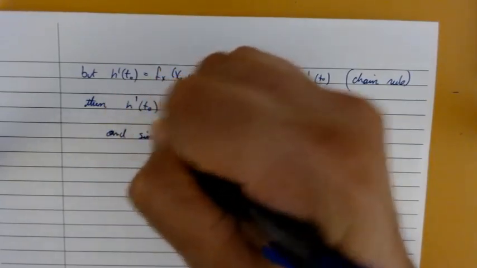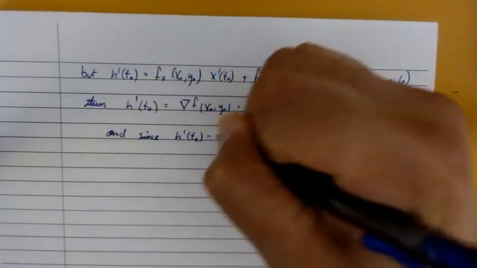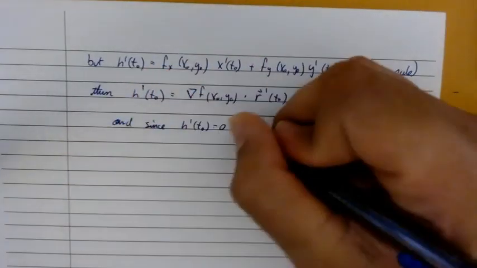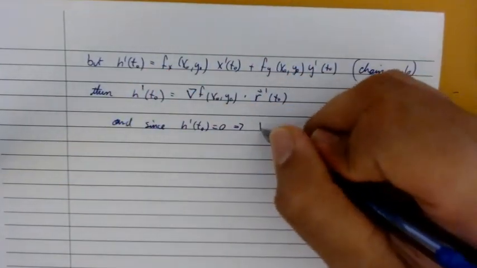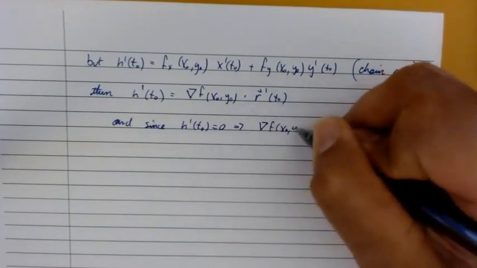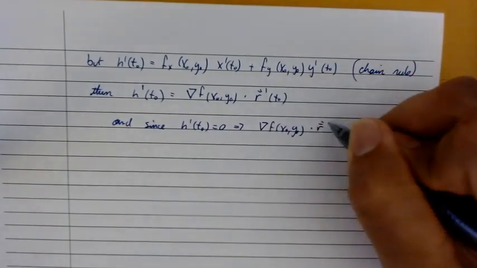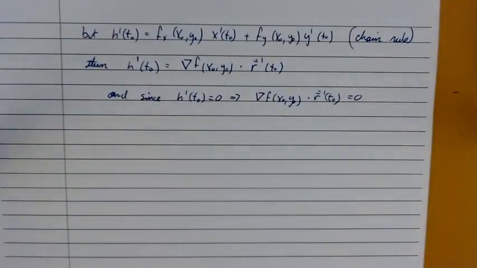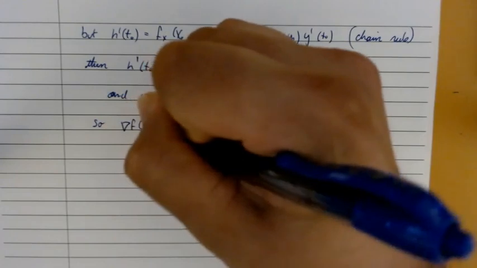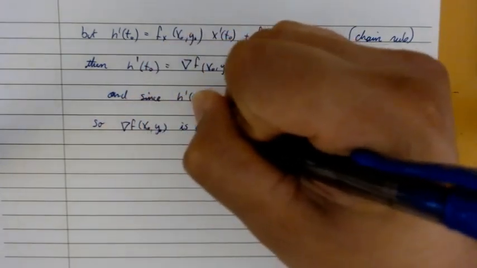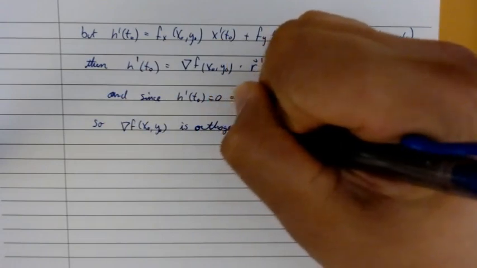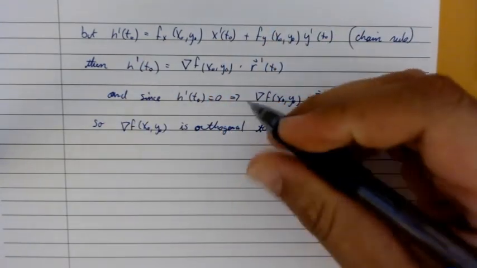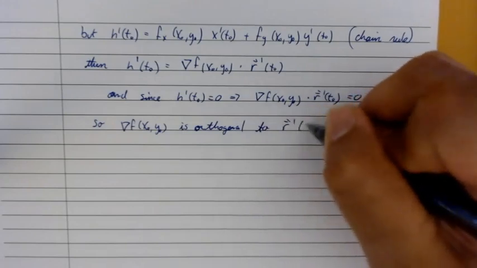And since h prime at t naught is equal to 0, that implies that the gradient of f at x naught comma y naught dotted with r prime of t must equal 0, which means that r prime of t and the gradient are orthogonal. The gradient of f at x naught comma y naught is orthogonal to r prime at t naught.